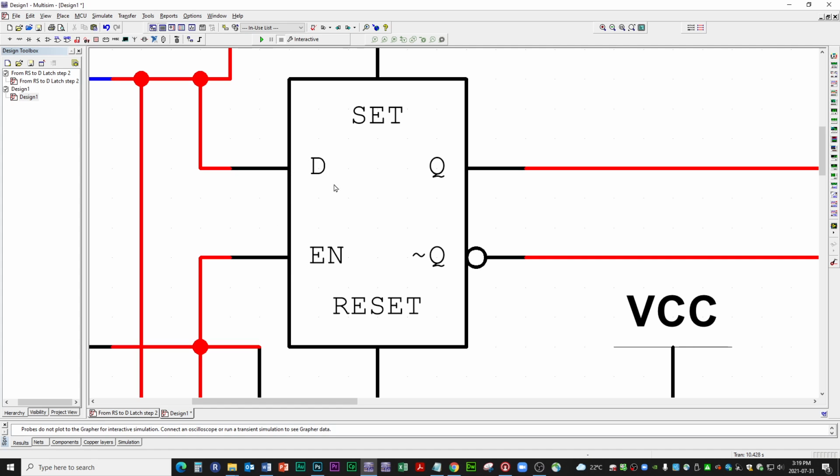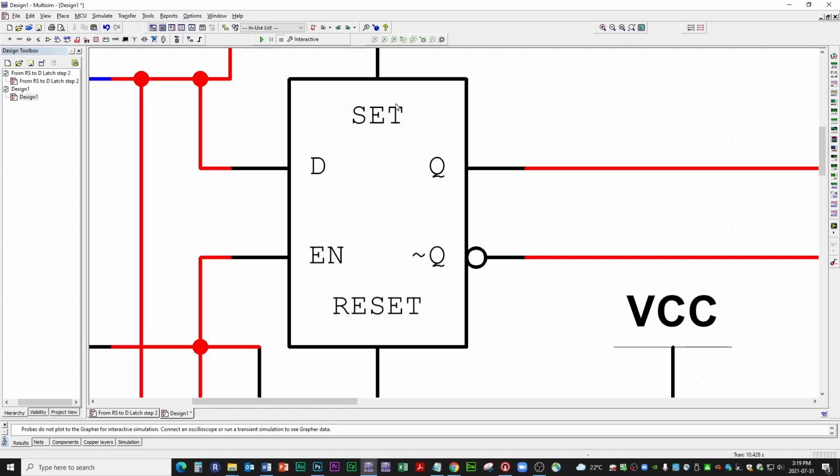Now over here, the data and the enable or the clock pins are synchronous inputs because they work with each other. One depends on the other. The outputs depend on both of them. They work together, they're synchronized with each other, so they're called synchronous inputs.